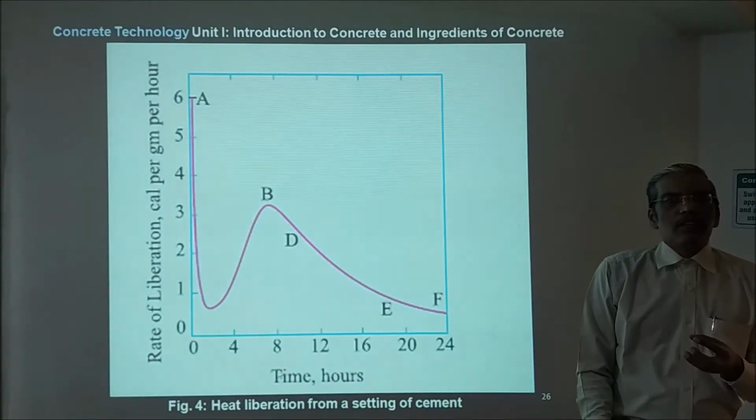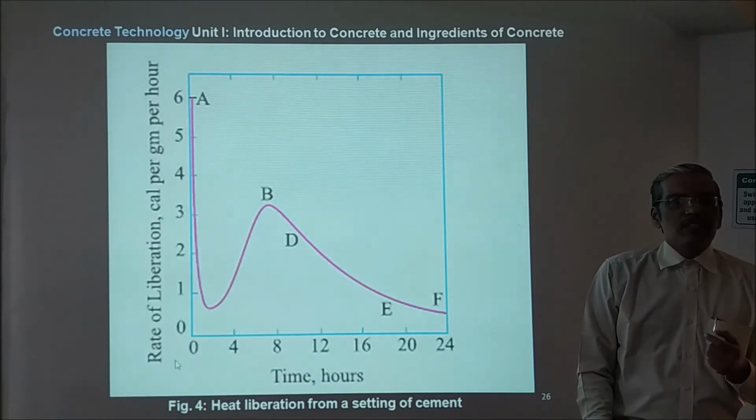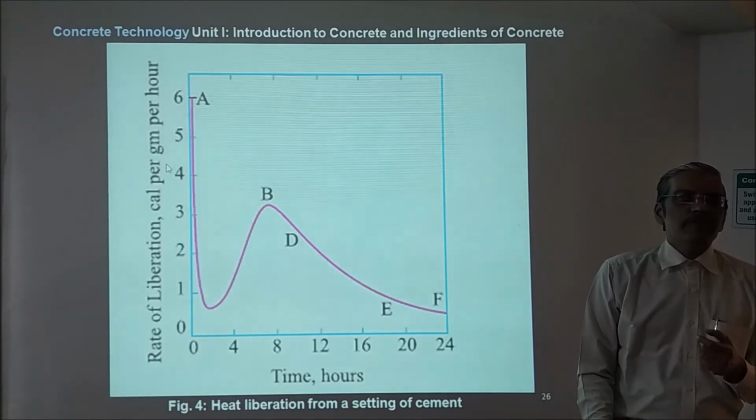So here we can see in the figure the heat liberation from a setting cement. On the horizontal axis the time is given in hours, and on the vertical axis the rate of liberation, calories per gram per hour, is given.